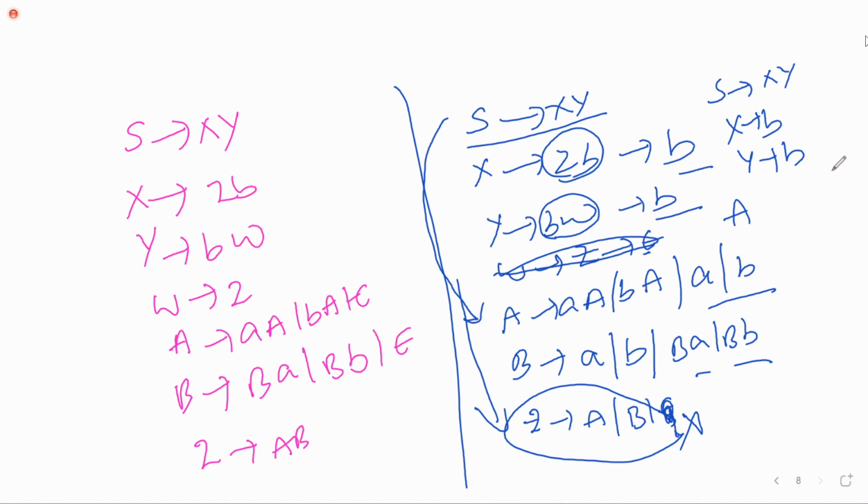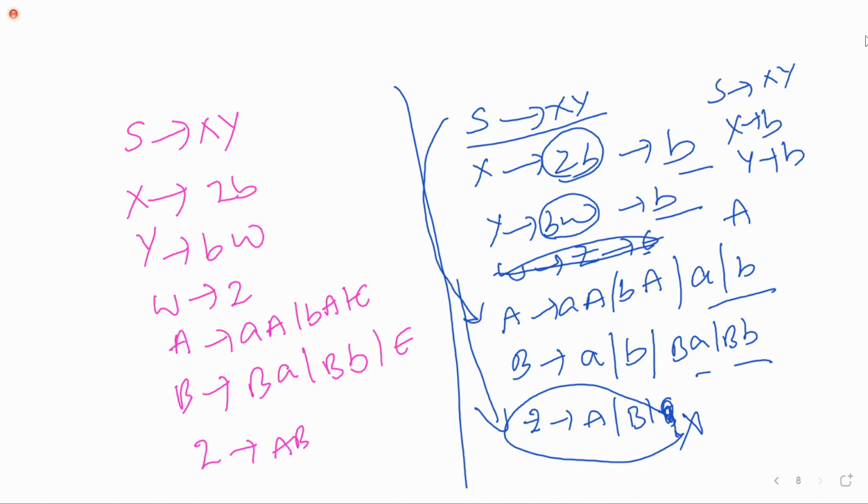Am I clear with this? Say yes or no. Please respond, ma. Yes, ma'am. Clear, right? So this is nothing but the simplification of CFG. Simplification of CFG means first you have to remove the epsilon productions or null productions.